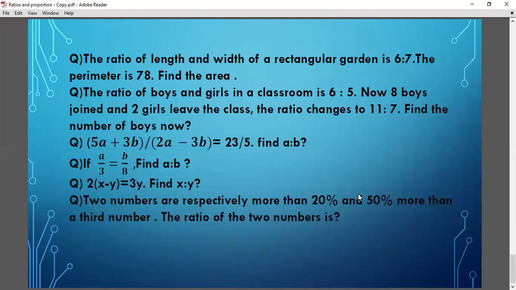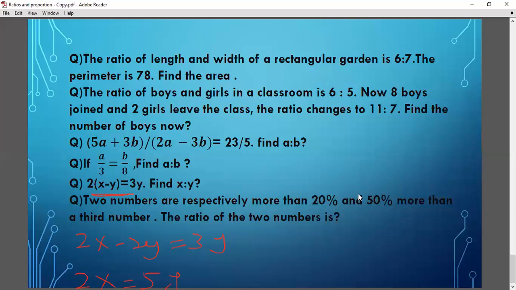Next question: 2x minus y equals 3y. It's again simple. So 2x minus y can be written as 2x minus 2y equals 3y. So 2x equals 5y.